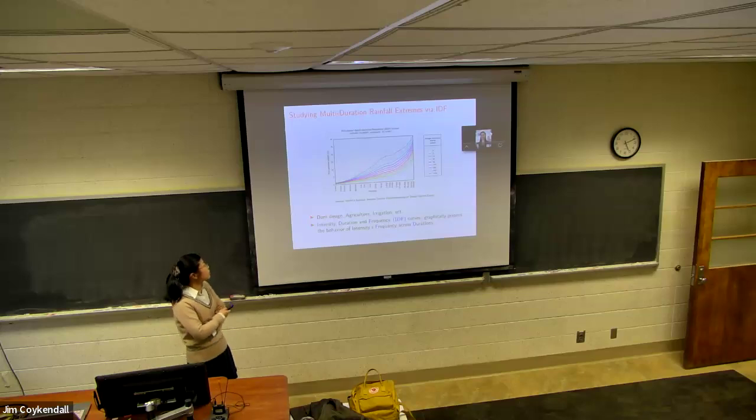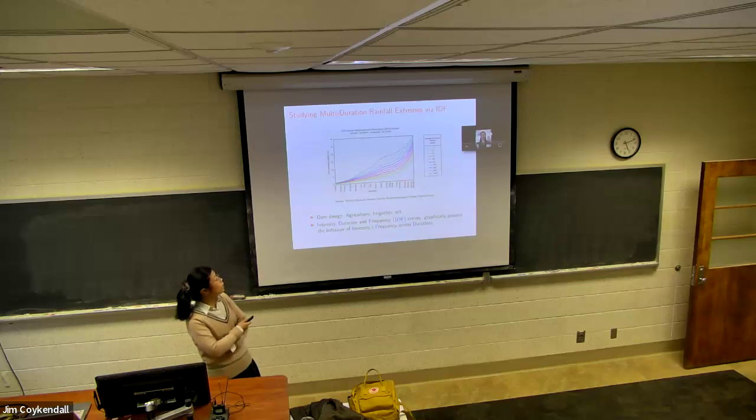And you may notice, first, the curve is continuous, right? And second, the curves have different colors, which tells us how frequently such extreme events happen. Different curves represent different recurrence intervals in years, which we call the return period.